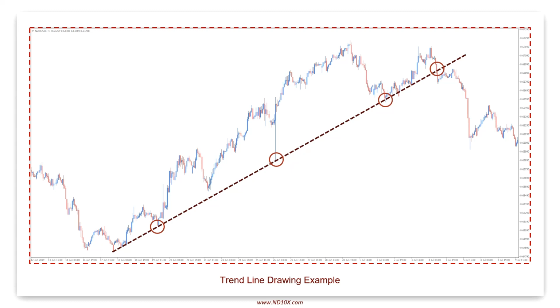Until we break the trend line, we can consider this pair to be in that upwards move and that we can look for more bullish action.